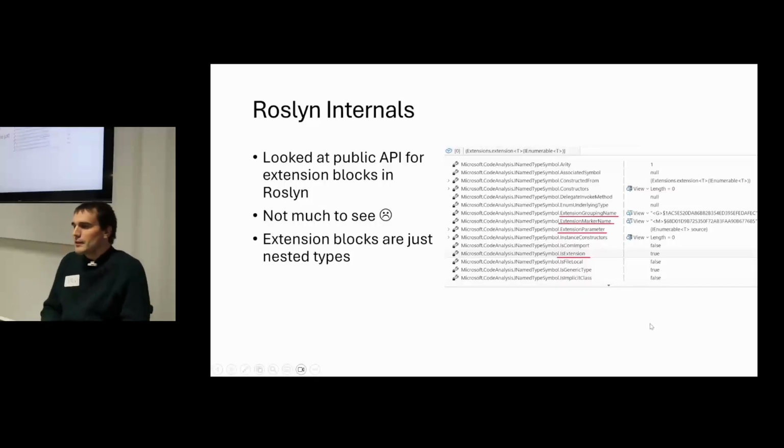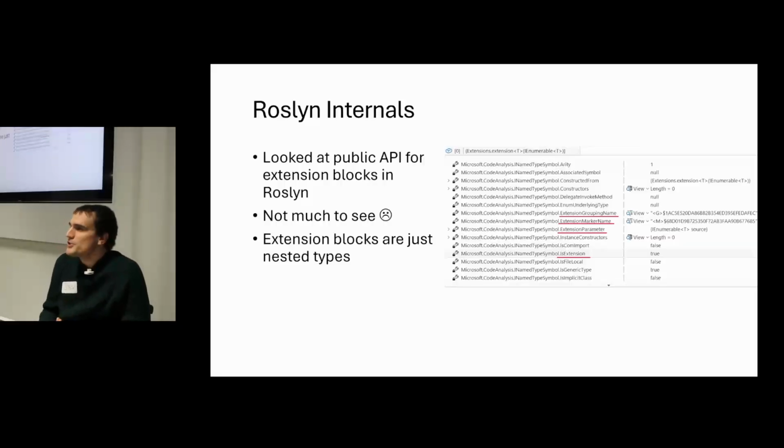Of course, like any good open source developer would do, I looked at another open source project, in this case Roslyn. How did they model extensions in their type system? Turns out there is not much to see, because it's just a few properties on the type definition in Roslyn.